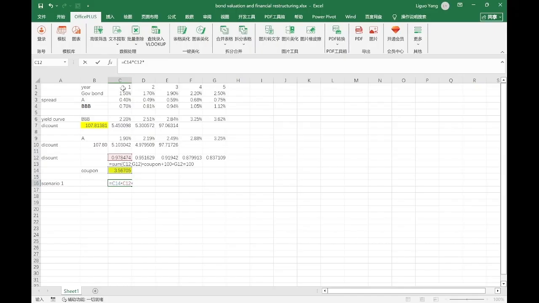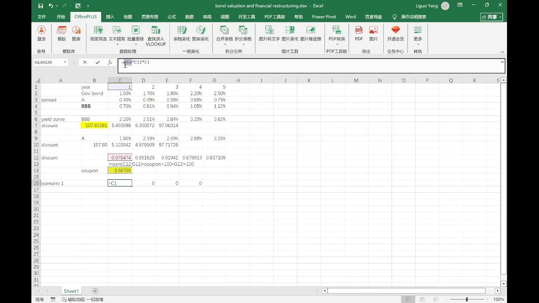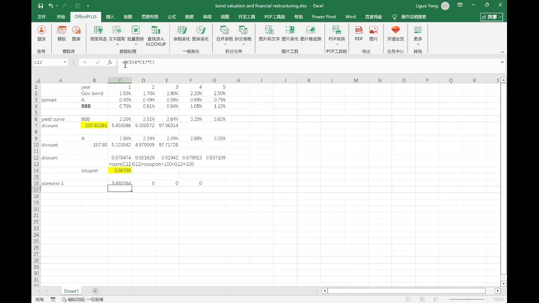So it's the weighted average time to receive all the cash flows. For the first 4 years, there is only coupon received, because the coupon is fixed. So here we go.